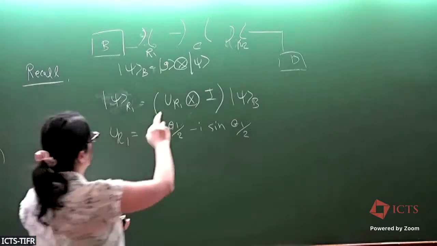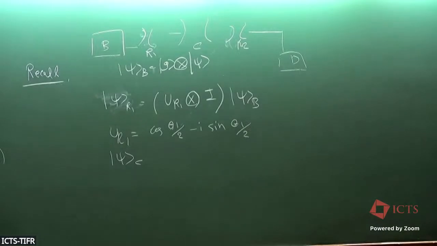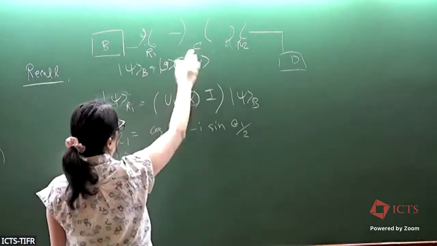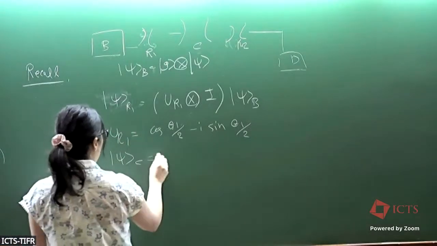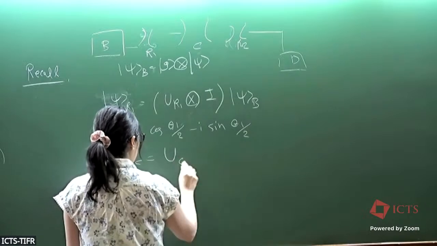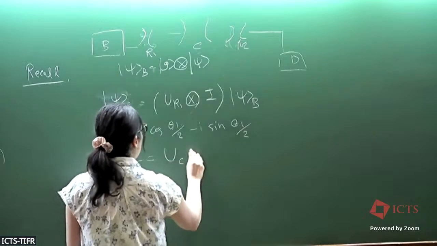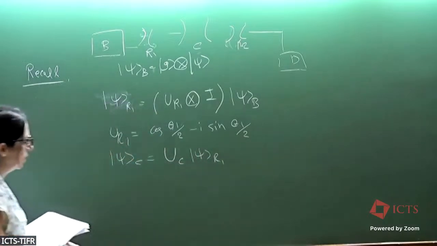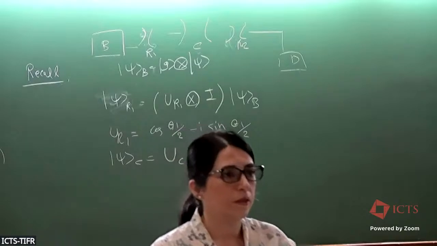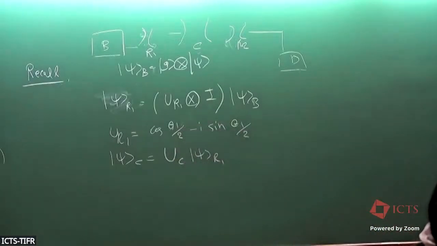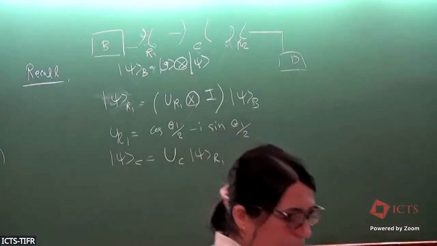And then you have your state after the interaction between the atom and the harmonic oscillator, psi C. Then you have another unitary, UC, which is applied on psi R1.